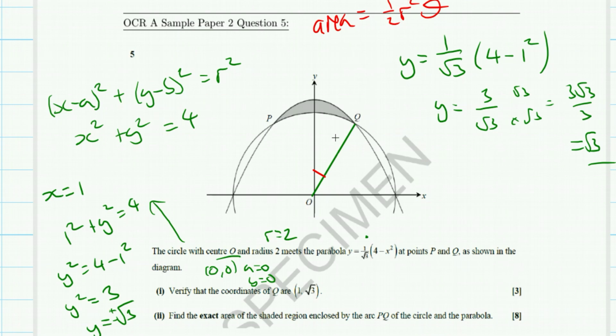I know that this is going to be 2, and this is at the point 1 and root 3. And if this has a radius of 2, this is also going to be at 0, 2. So that's going to be 2 here, and then the arc length is r theta.